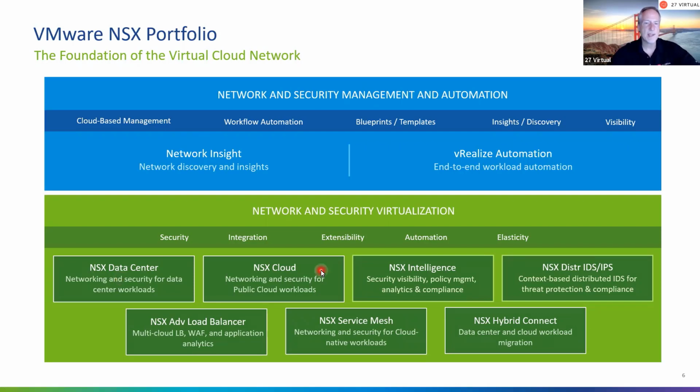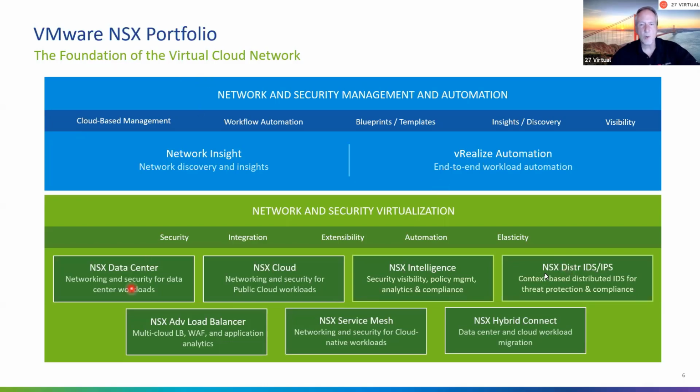We now have NSX Cloud, the ability to extend NSX networking and security components into public cloud natively through Azure and AWS. We've also added in NSX Intelligence, the ability to get a better understanding of traffic flows. We've also recently added the NSX distributed IDS and IPS feature, which is going to be enhanced over time.